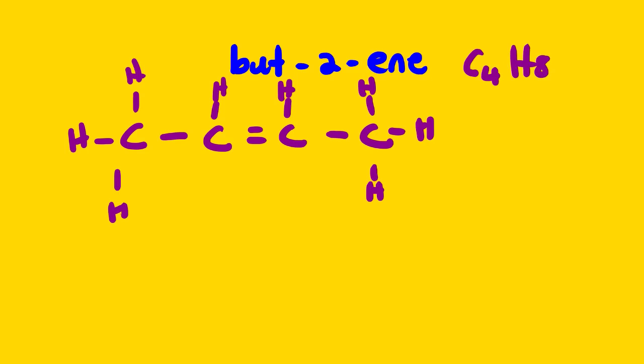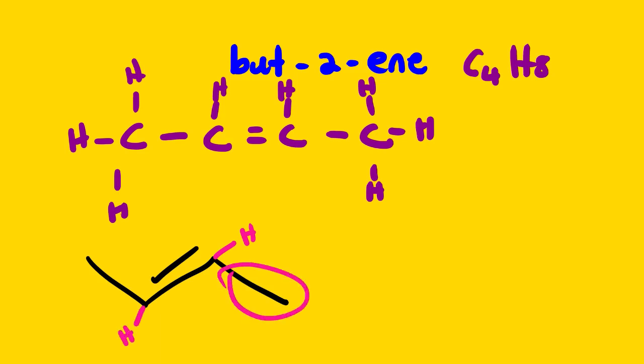So how do we represent the geometrical isomers of but-2-ene? Remember that we said we need to have a double bond in order for geometrical isomers to exist. Converting this to line structures, we are going to have something like this. When you analyze this, we have hydrogen atoms here, and this one is actually a methyl. It's this part.